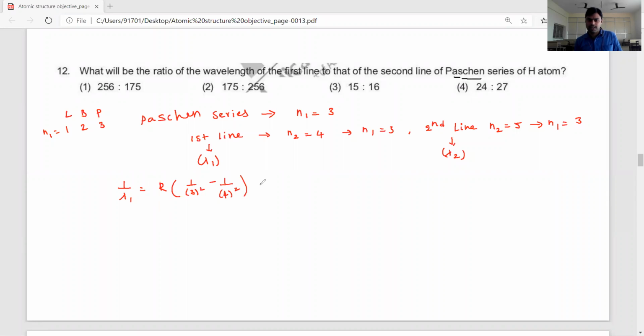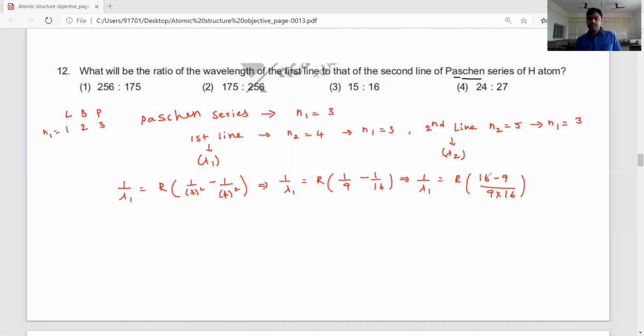So you have to simplify this. 1 by lambda 1 is equal to R into 1 by 9 minus 1 by 16. Okay, the LCM is 9 into 16. Then 1 by lambda 1 is equal to R into (16 minus 9) by (9 into 16).